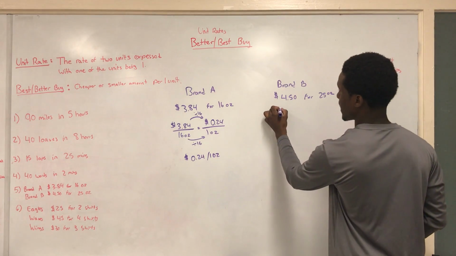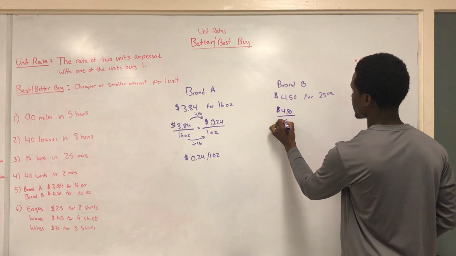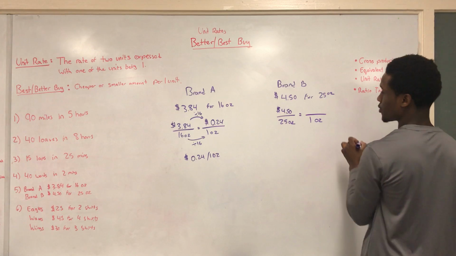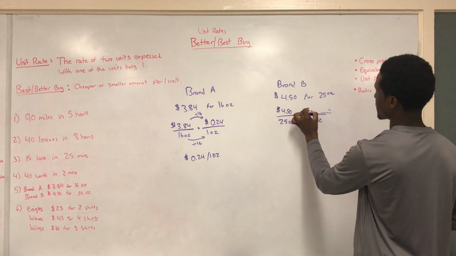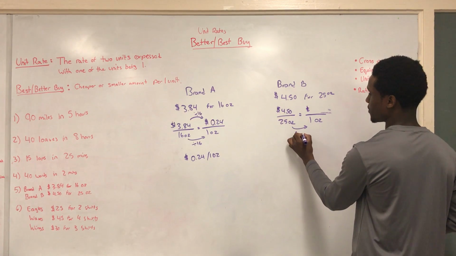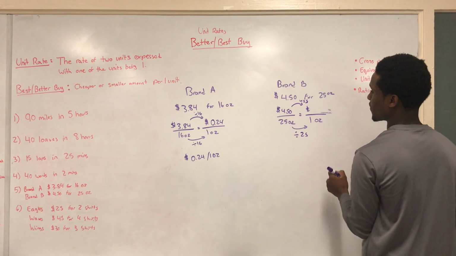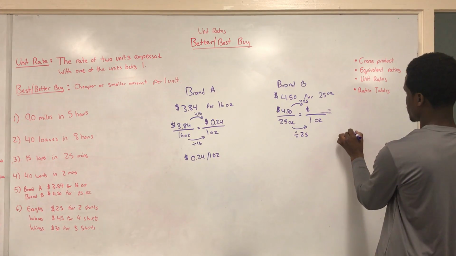Next over here, I have $4.50 for 25 ounces. I want to figure out the unit rate, so that's how much per 1 ounce. Okay? So now, to get from 25 to 1, it's decreasing, so I'm dividing by 25. When I divide 450 by 25, let me just do this off to the side.